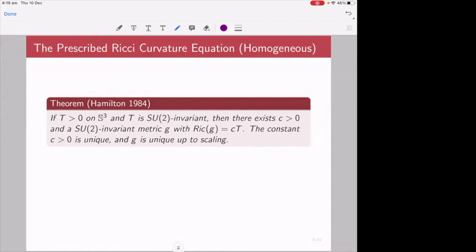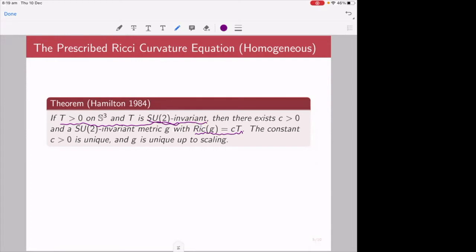Certainly a much more interesting symmetry to impose on the 3-sphere is SU2. So we've got the 3-sphere, we pick a positive T on the 3-sphere, we try and solve this Ricci curvature problem up to scaling that we were just looking at, and we want to insist that T is invariant under the transitive action of SU2.